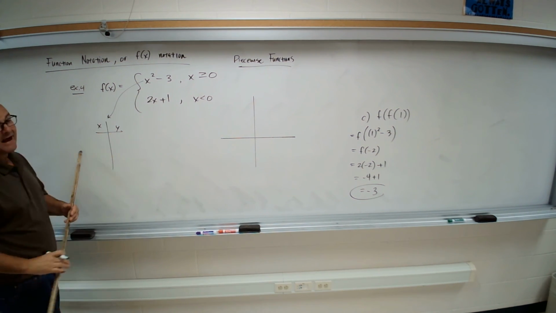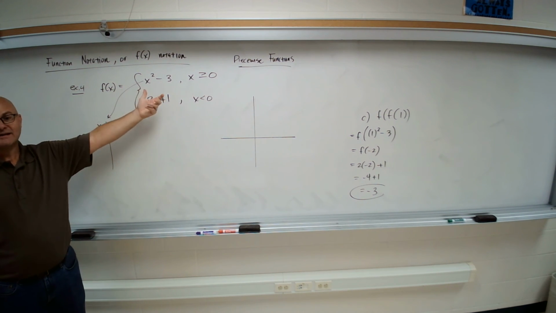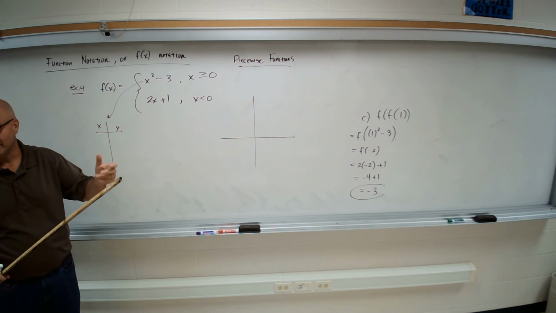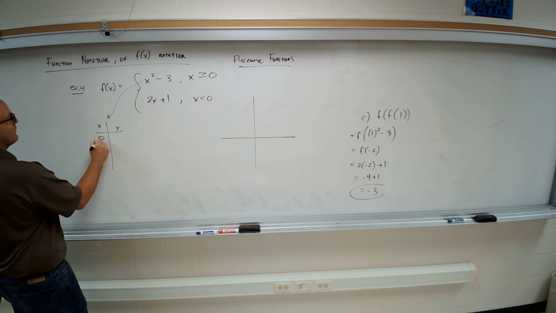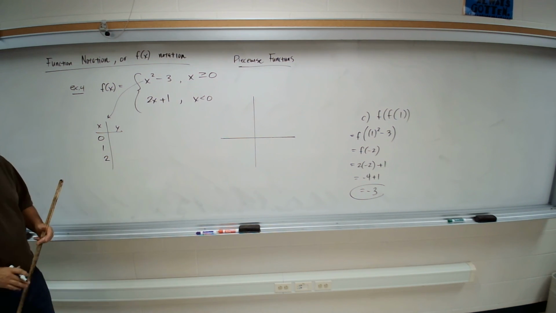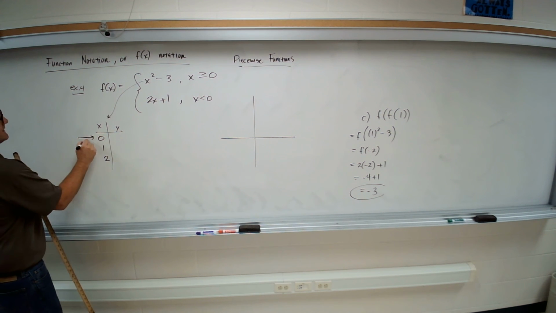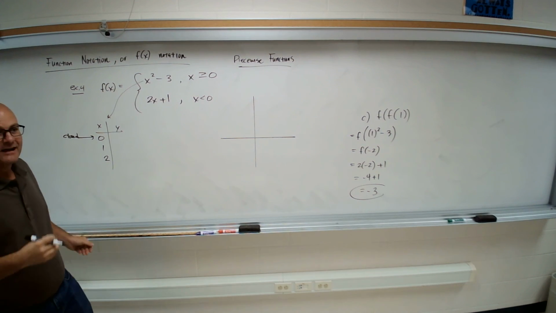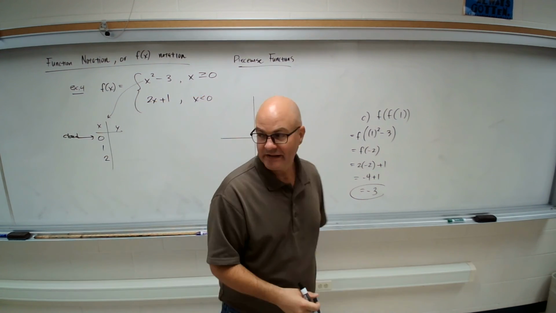So in order to sketch this, the process I would use is for this first function. Now I could use the fact that it's a parabola and it's translated 3 to the right if I wanted to. That would be fine. But you also could just plug in 0, 1, and 2 and go from there. And I know that this is going to be a closed circle, right? It's like a bracket, a closed interval. It's going to include the point.